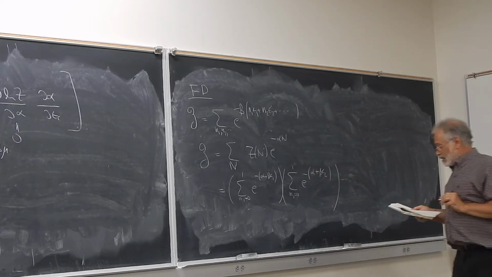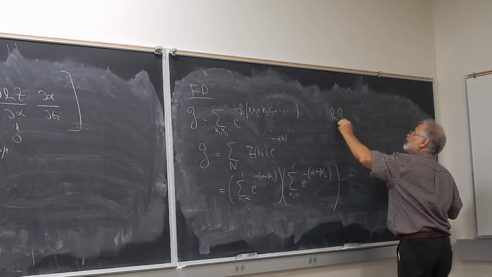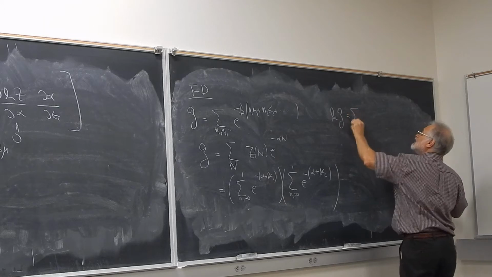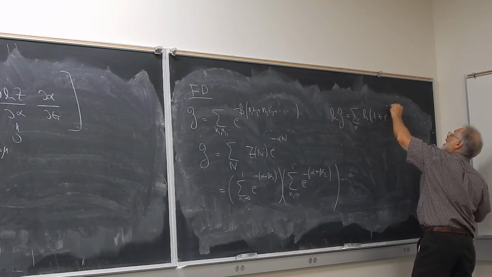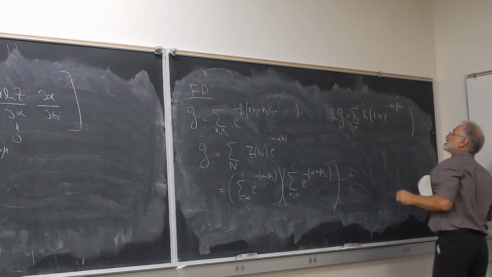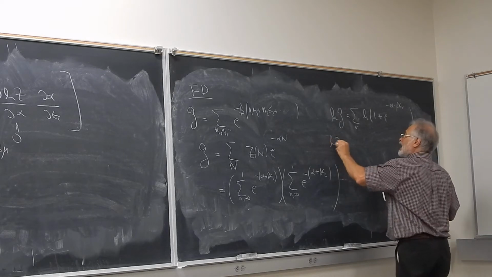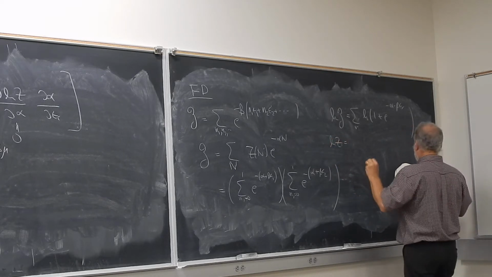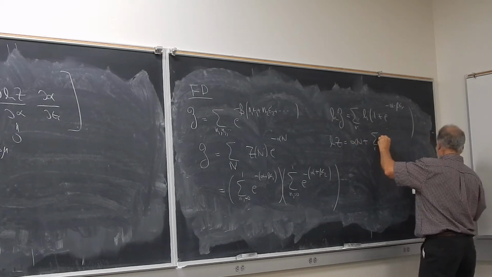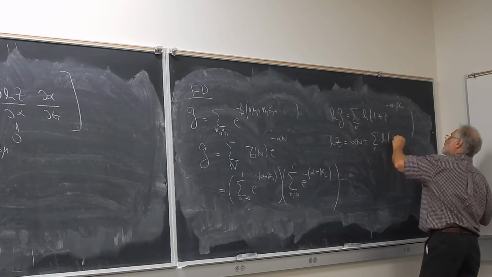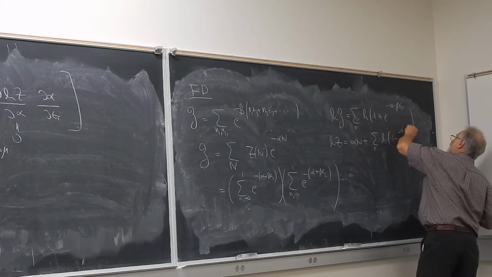Thus, log of my grand partition function is the sum over r of log of 1 plus e to the minus alpha minus beta e sub r. And therefore, log of my regular partition function z, non-script z, is alpha n plus the sum over r of log of 1 plus e to the minus alpha minus beta e sub r.